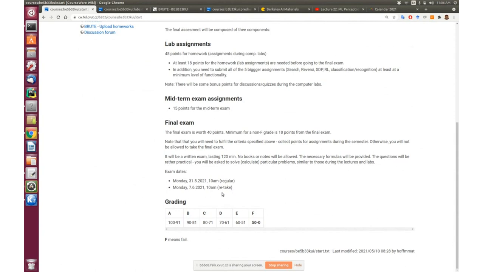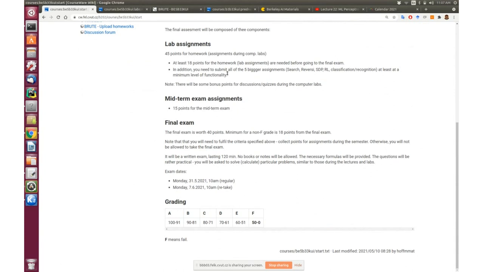So if it is possible, please everybody use the first date, and by doing that, you will also have an option of retaking the exam. So I hope that will work for everybody. We are not too many after all. If that doesn't work, write me as soon as possible. But really, it will be great if everybody can take the exam on that date.